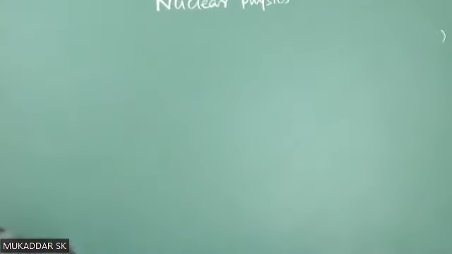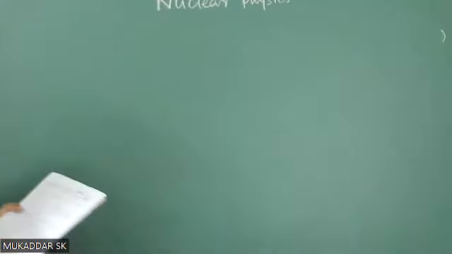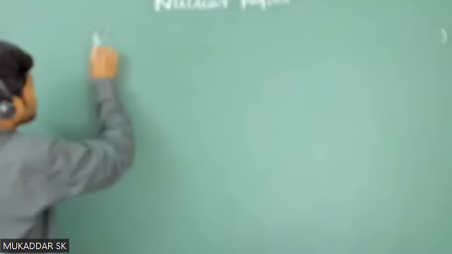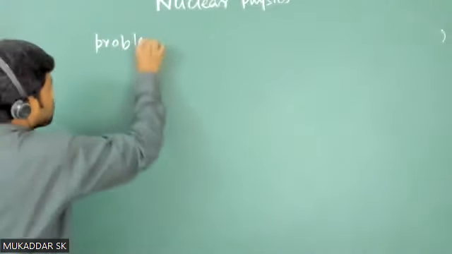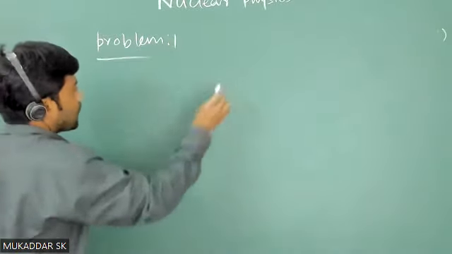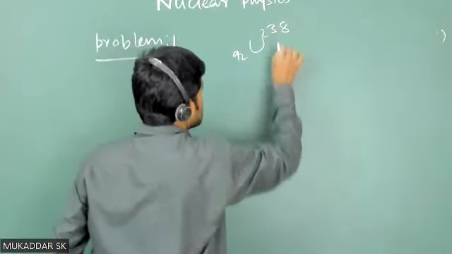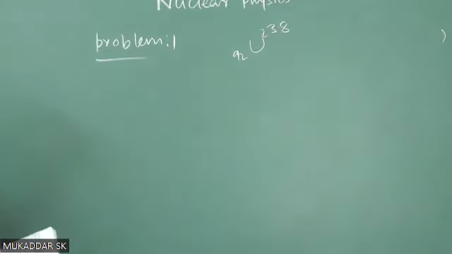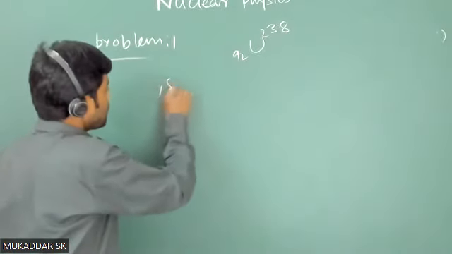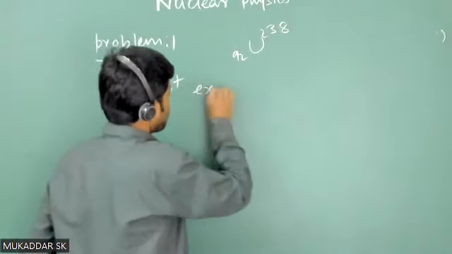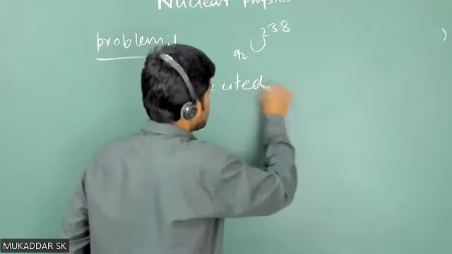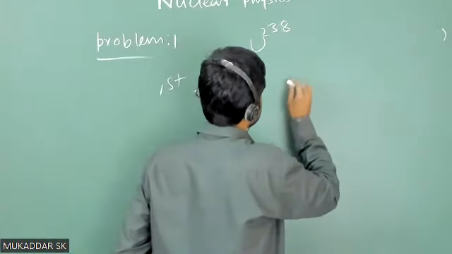So for the first question, if I discuss, you have a nucleus, uranium 92 to 38. This is your nucleus, and for this nucleus, the first excited state energy is given.